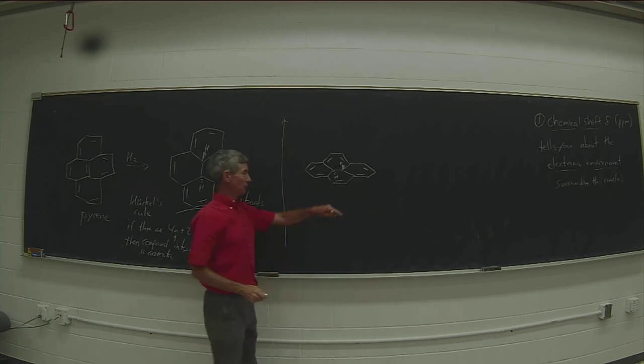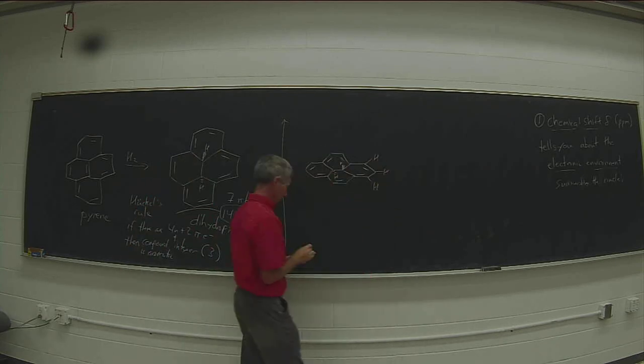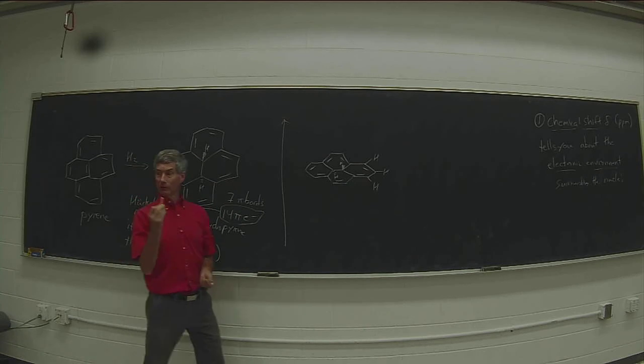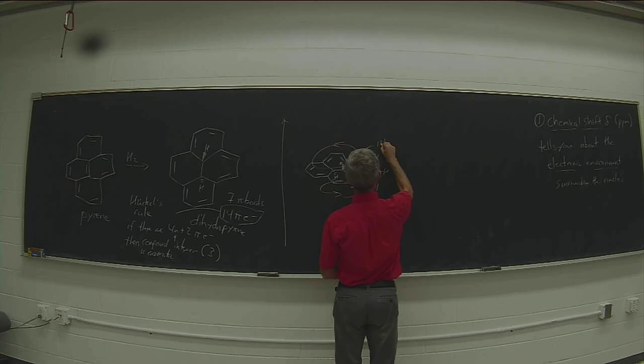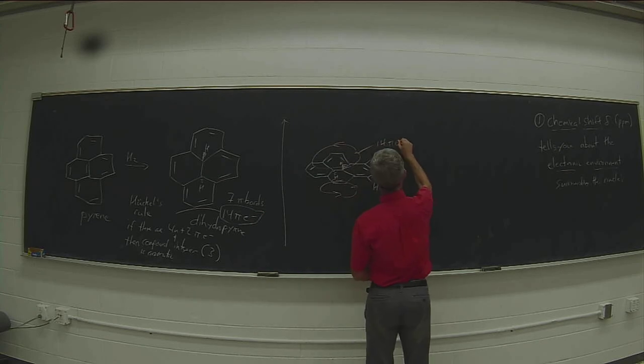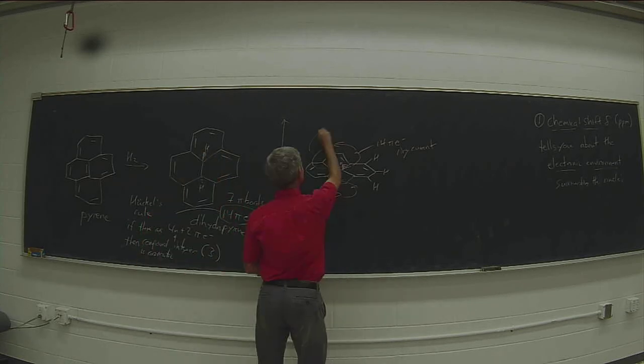Our whole molecule is kind of pancake flat relative to the applied field. And we've got a very strong ring current, because now we have 14 pi electrons contributing to that ring current. That should create really strong induced magnetic fields.